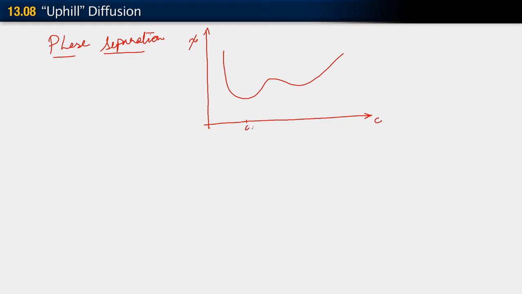Okay, C alpha, C beta, okay, and we saw that this is the chemical spinodal, right? The region where the free energy is non-convex.